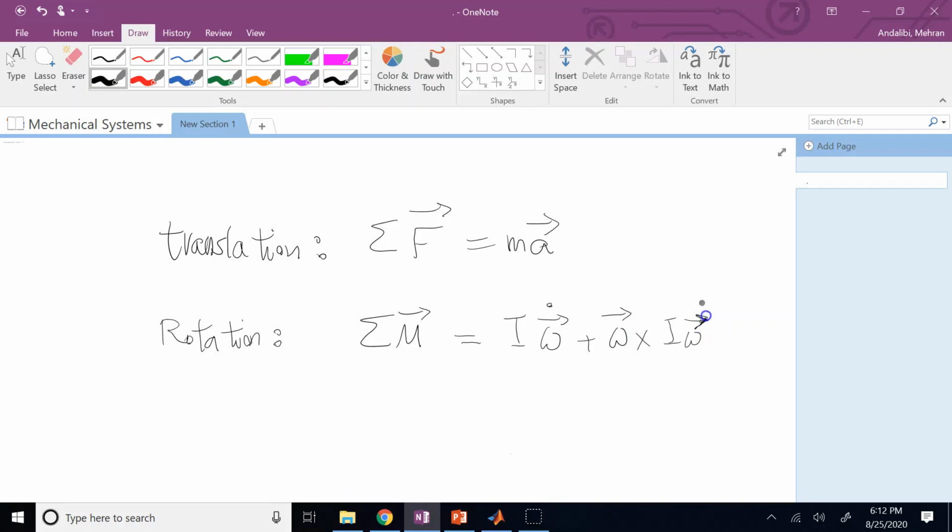Here I is a 3×3 inertia matrix, and M is a 3×1, F is a 3×1, A and omega are 3×1.